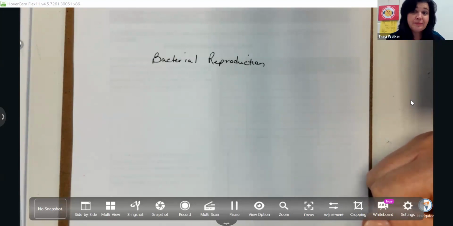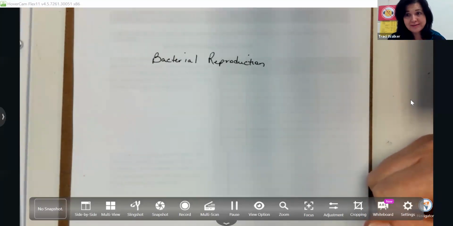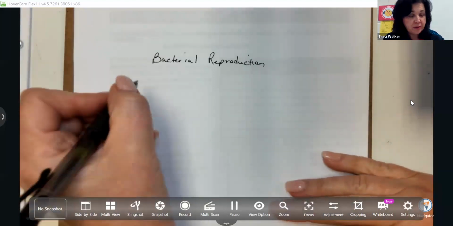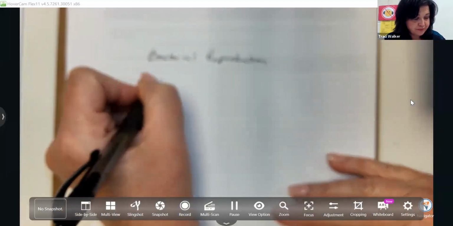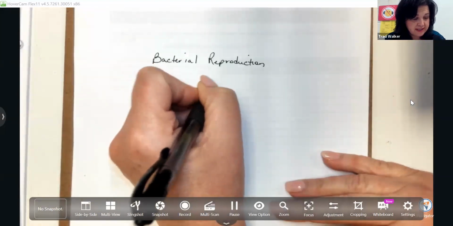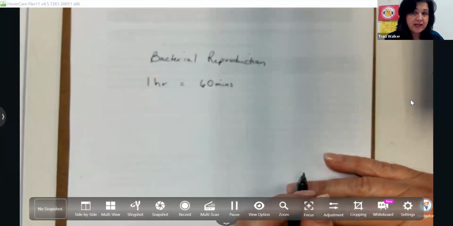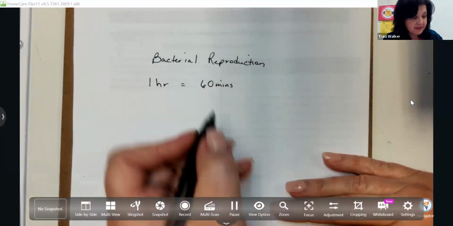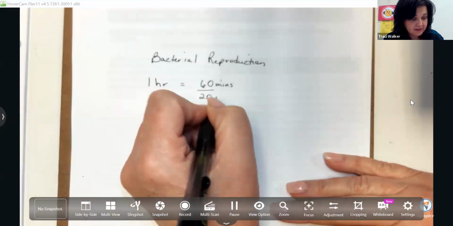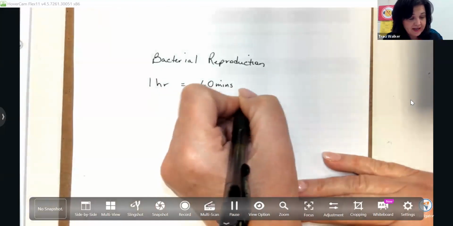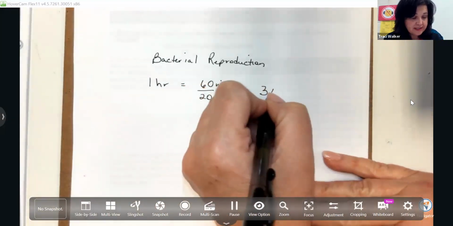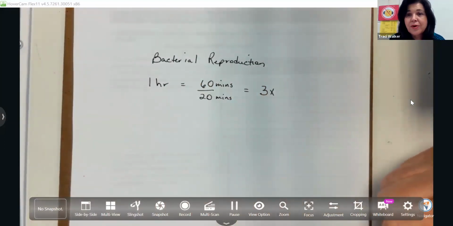But for bacteria, they can reproduce every 20 minutes. We know that in 1 hour, there are 60 minutes. If we divide that 60 minutes by 20 minutes, then that is 3 times in an hour that a bacteria can reproduce. So every 20 minutes means it reproduces 3 times in an hour.